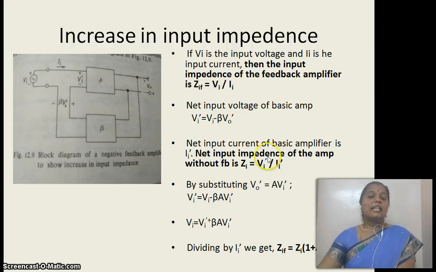And what is the net input impedance of the amplifier without feedback? Here the F should be removed in this case. So Zi is equal to VI prime divided by II prime. So we know the net input voltage which is fed into the amplifier, that is VI prime is equal to VI minus beta V naught prime. What is V naught prime? A times VI prime.